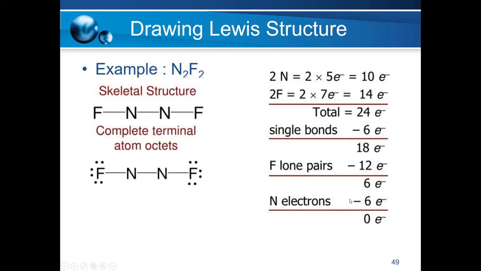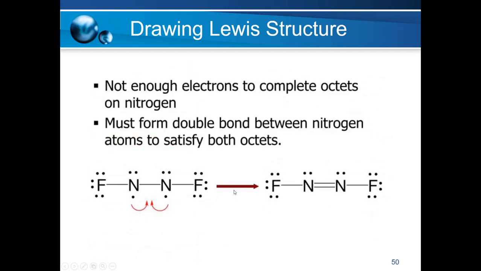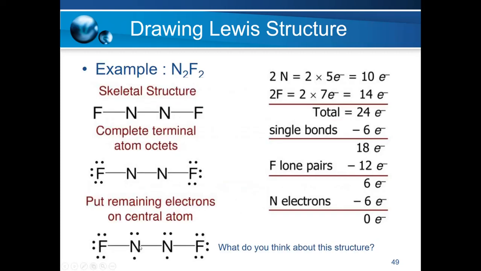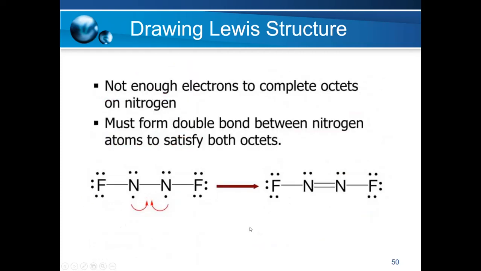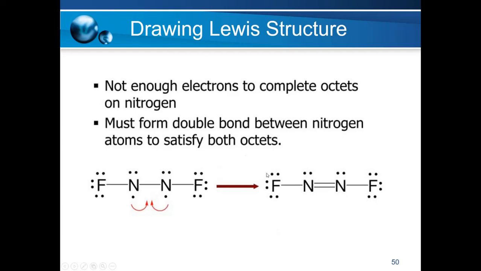Is this right or not? It doesn't seem right. So there are not enough electrons to complete the octet on nitrogen. So here it must form a double bond to satisfy both octets. So it should form a double bond here. Okay. That's it for today.